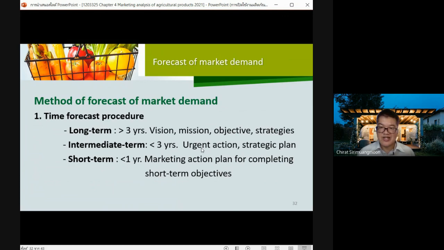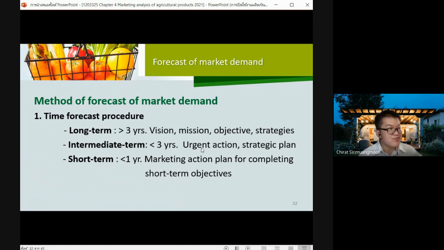So for long-term market demand, you need to have it because you need to create your goals, your direction. How about intermediate terms? It's around 1 to 3 years. So it's kind of urgent action, and you need to apply the current strategic plan for having a good market demand.